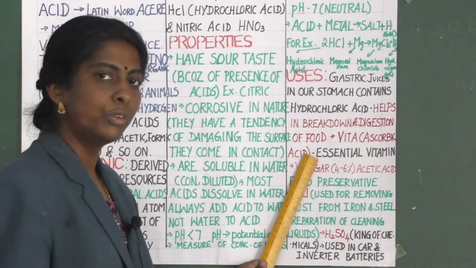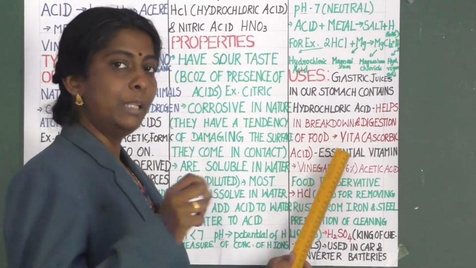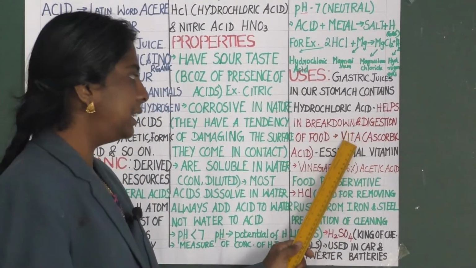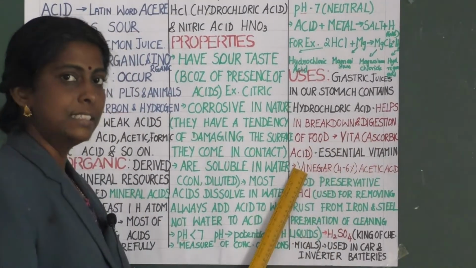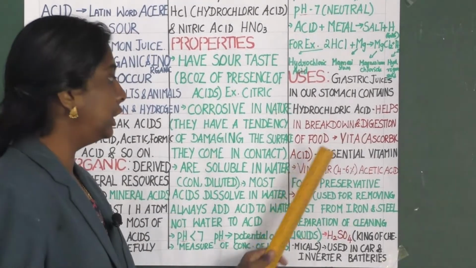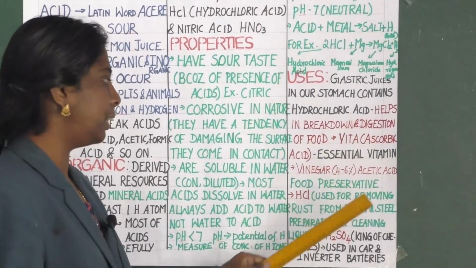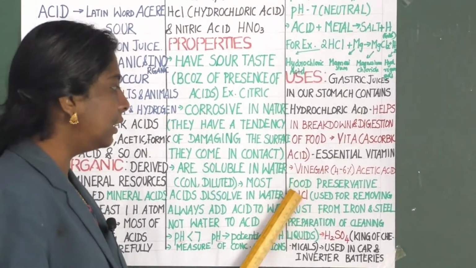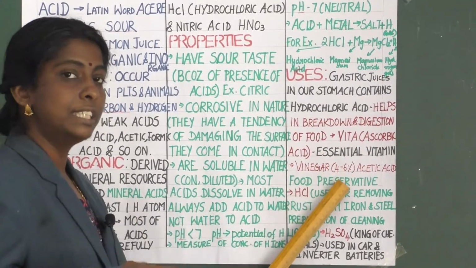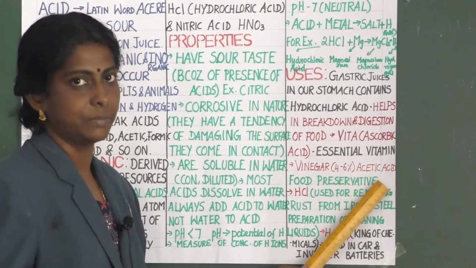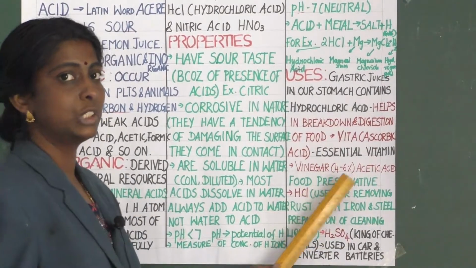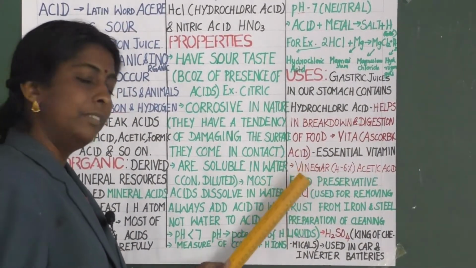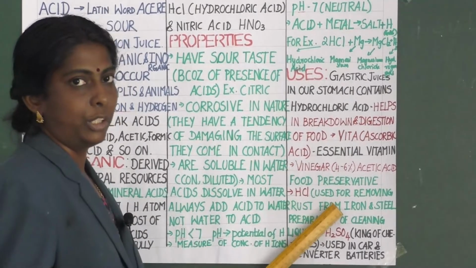The second point is about ascorbic acid, that is vitamin C, an essential vitamin. Then the third one is vinegar, which is basically 4 to 6% acetic acid in water, and it is used as a food preservative.